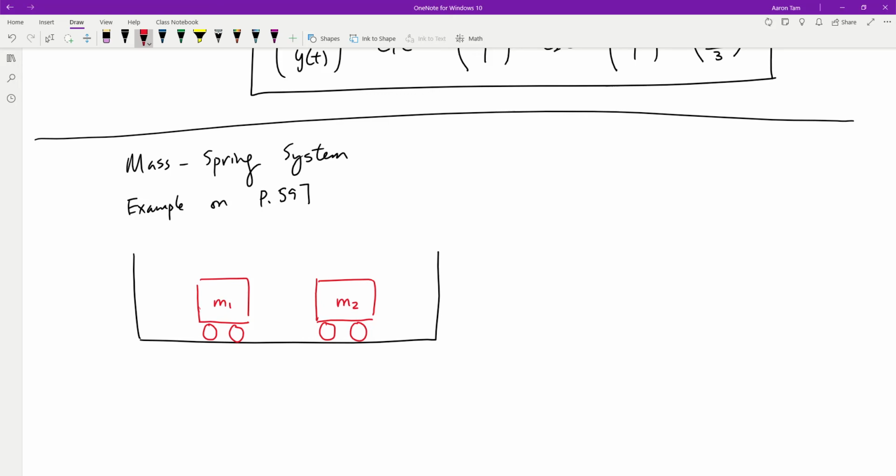So assume that these two things can move around left and right with no resistance. Therefore, the only force being acted on them would be what's connecting these two masses together, which would be spring number 1, and then spring number 2, and that's spring number 3.